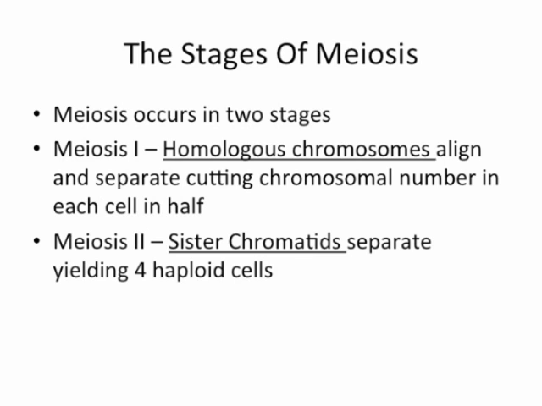Meiosis 2, the goal of meiosis 2 is to separate the sister chromatids, yielding 4 haploid cells. So after meiosis 1, you end up with 2 haploid cells, but there are still sister chromatids for each chromosome. And then in meiosis 2, you're separating those sister chromatids.